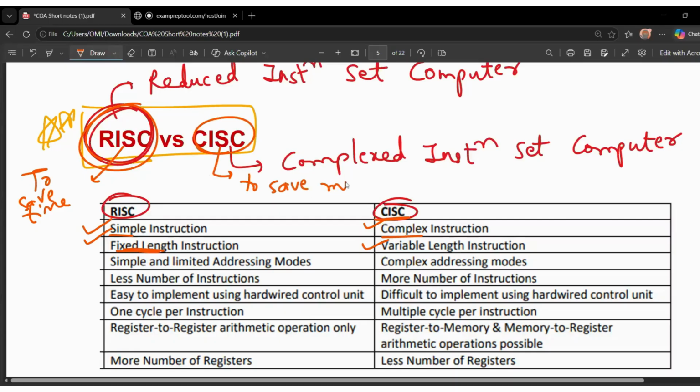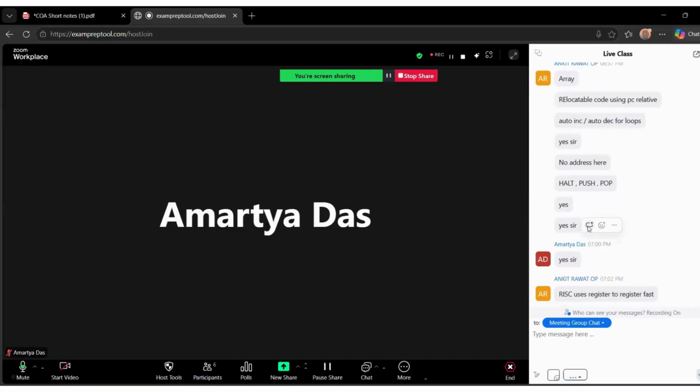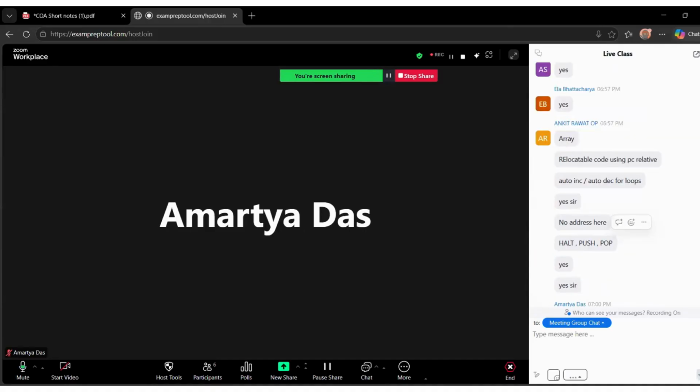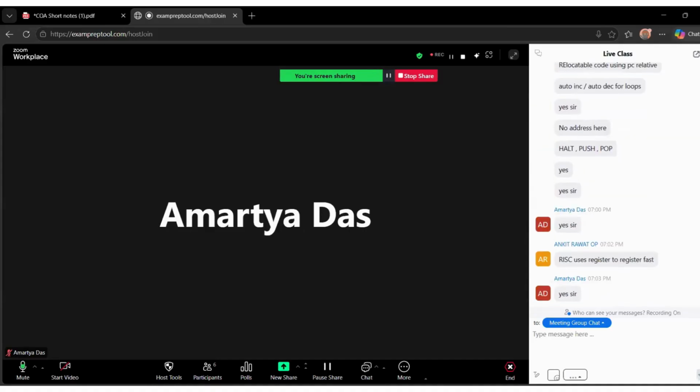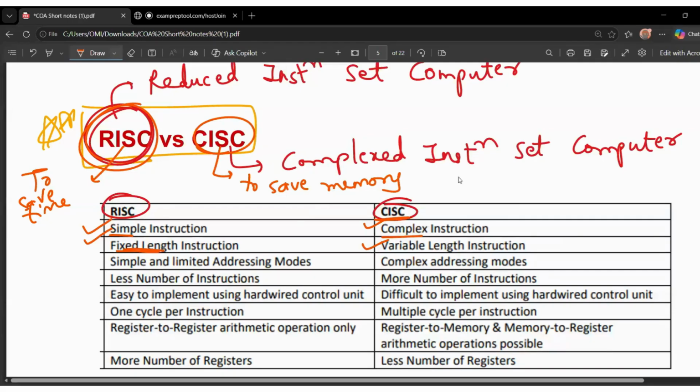We have discussed this in detail with one example. In CISC, the entire program is solved in two or three instructions, but if you use RISC, there will be many instructions. In the lectures we have seen this in detail.